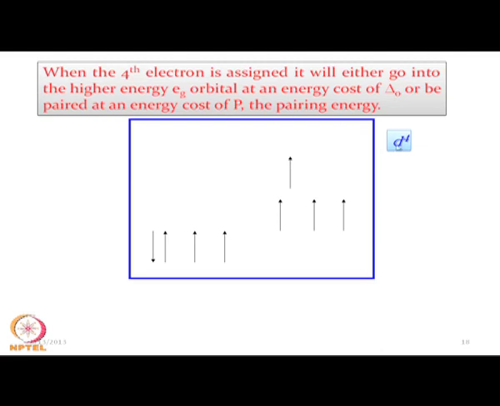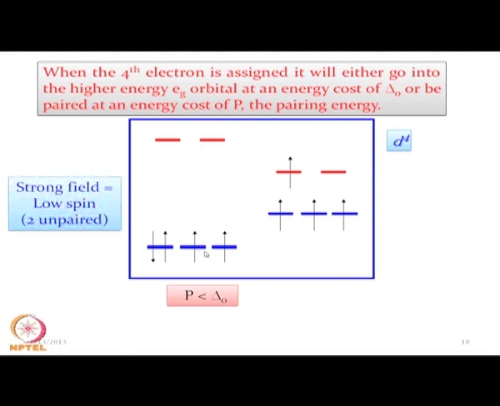So, for the d4 situation, whether this electron will go up or will be paired over here will be dictated by the relative magnitude of delta O and P. So, these are the levels, these reds are the eg level and blue are the t2g level. This is the situation where P is less than delta octahedron, so we have the corresponding low spin situation.